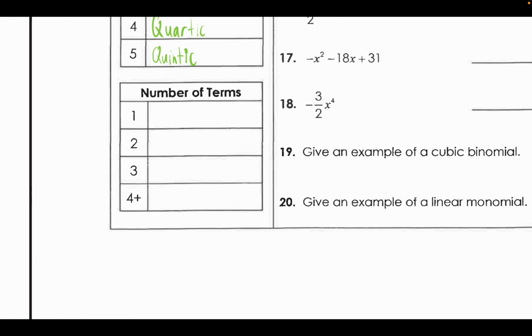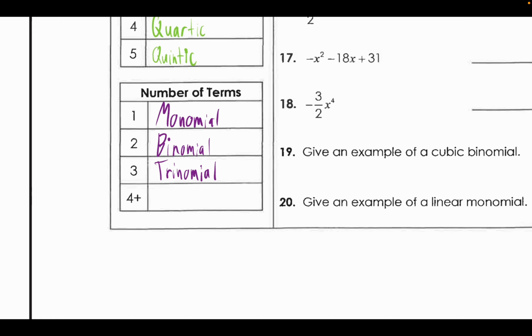Now let's go over the number of terms. If it has 1 term, it is called a monomial, as we established, mono being 1. 2 terms is called a binomial, bi meaning 2, such as a bicycle having 2 wheels. 3 is a trinomial, like a triangle having 3 sides and 3 angles, or a tricycle having 3 wheels.